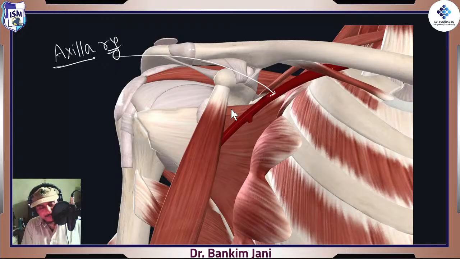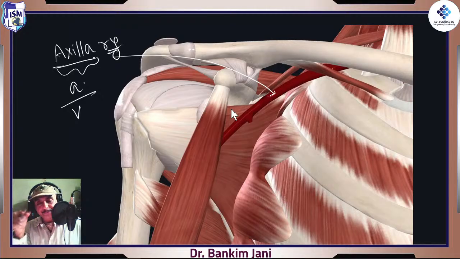The name itself is telling, axilla, right? So this is the artery which will be in the axilla. If the artery is there, then there has to be the vein. Yes, it is called the axillary vein, with the same course and same location. So now we know that in the axilla we have the axillary artery and the axillary vein.